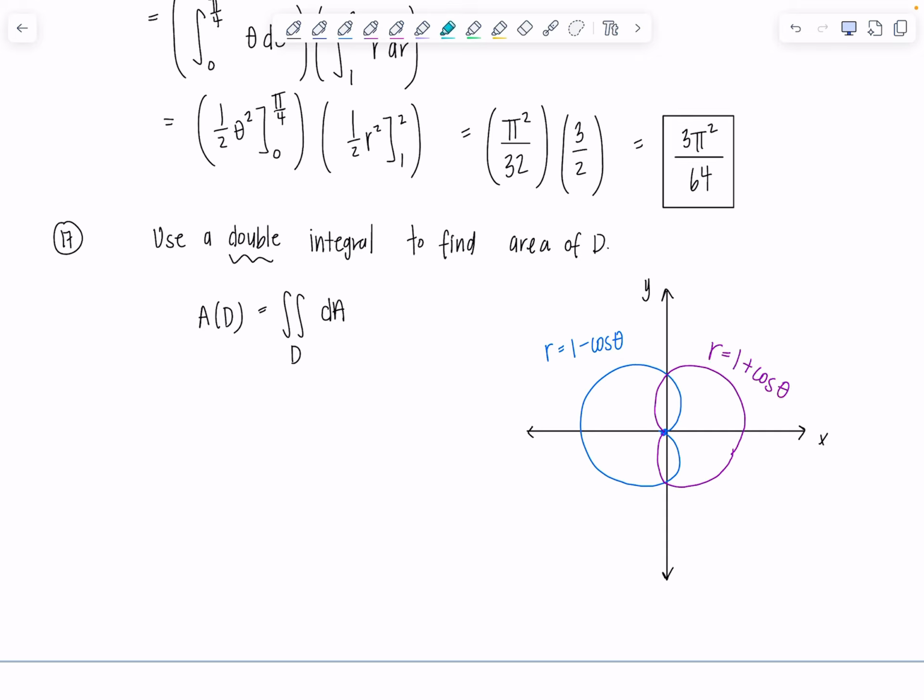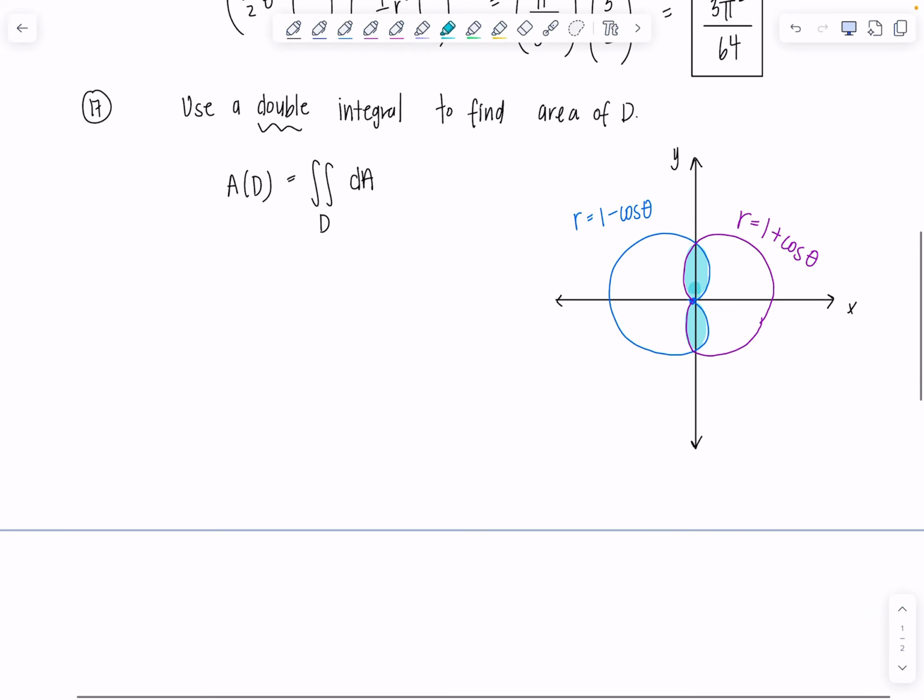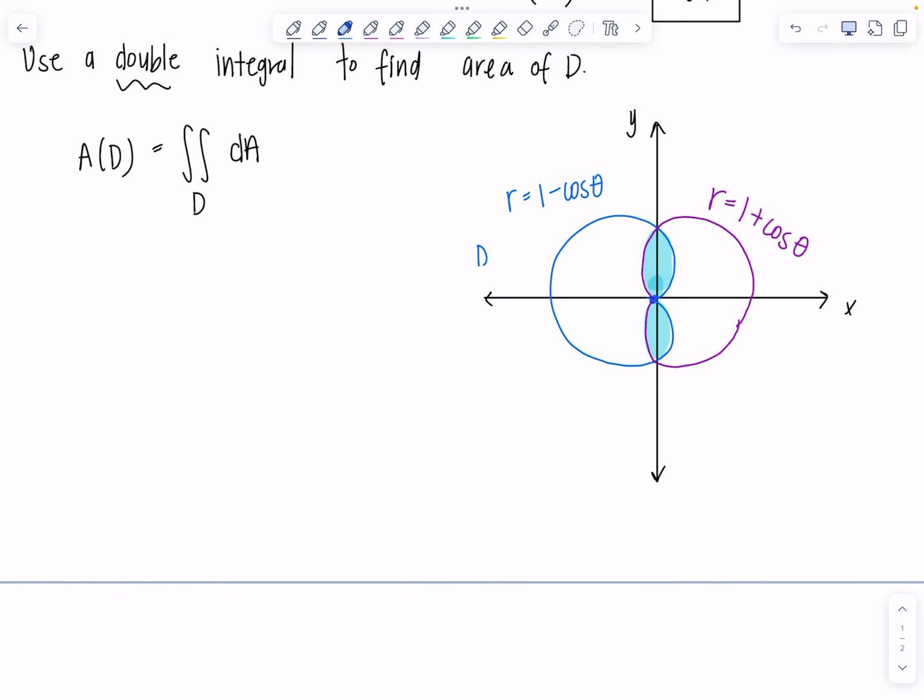And then the region D, okay, pretend those are the same, right? So I drew it a little deformed, but it's okay. That's D. All of it. So what I'm going to do is actually just find the area of the top half and then I'll double it. Okay. And just using the graph, you should be good to go. So the area is going to be 2 times.